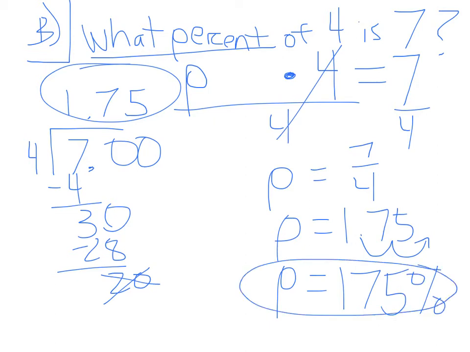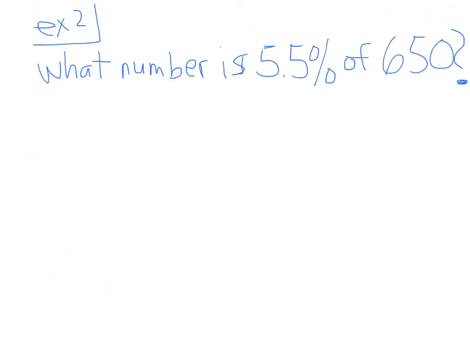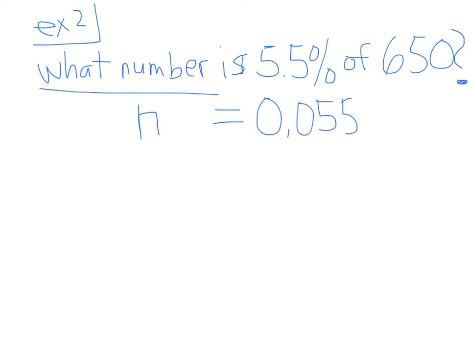Let's go on to example 2. Example 2 says, what number is 5.5% of 650? Again, I'm just teaching you how to do a percent equation. The book wants you to do a proportion. I think my way is easier in the end. So what number? I'm going to put an N. Is equals. I'm going to change this number to a decimal.